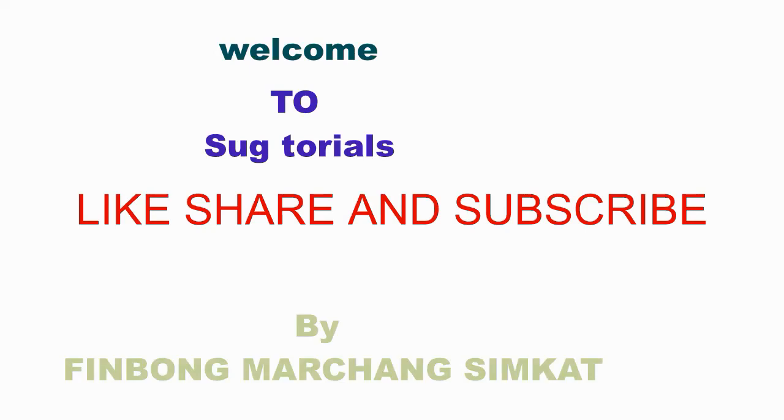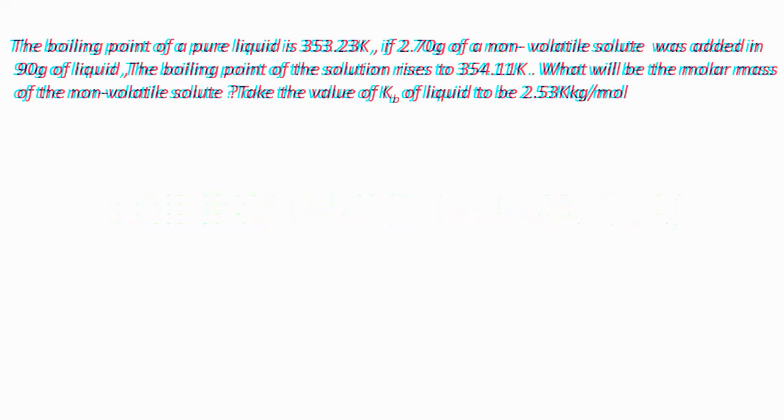Today we will be taking a question under colligative properties under the subtopic boiling point elevation. So let's go straight to the question. The question said the boiling point of a pure liquid is 353.23 Kelvin.